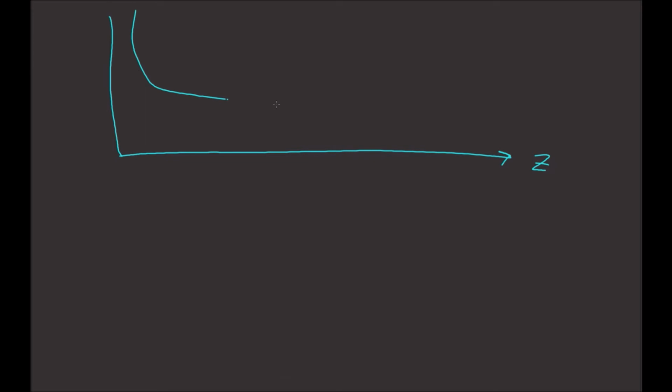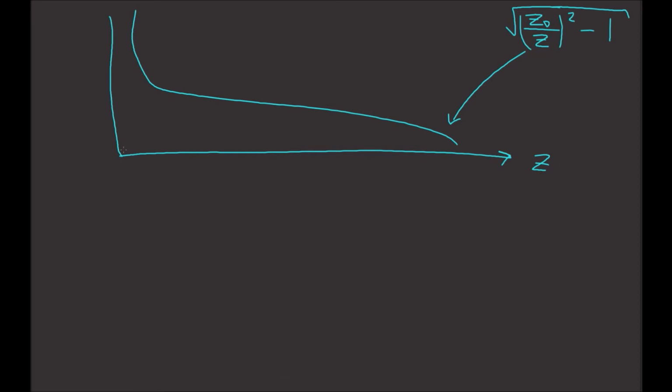So now let's erase this. So now here's our z-axis, and this is our vertical axis. The first function looks something like that. This function here is the square root of z naught over z squared minus 1.